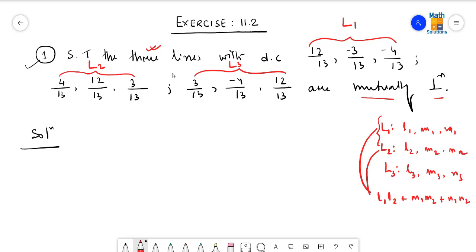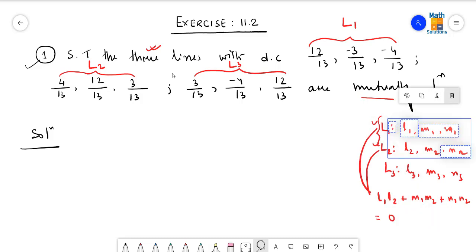If this result becomes equal to 0, then we shall understand that L1 and L2 are perpendicular. So on this basis I am going to solve this question. Three parts we shall be assuming in this case, and these three parts separately we shall be doing.